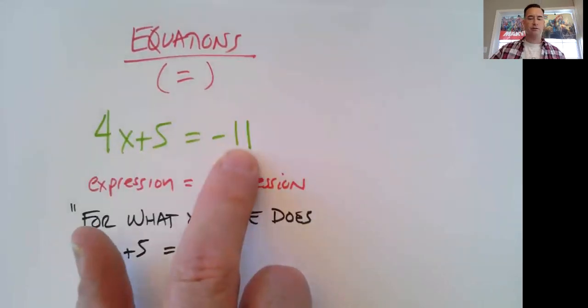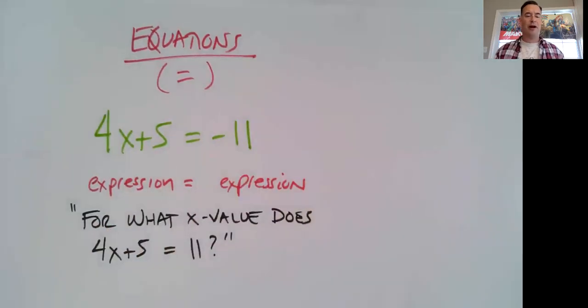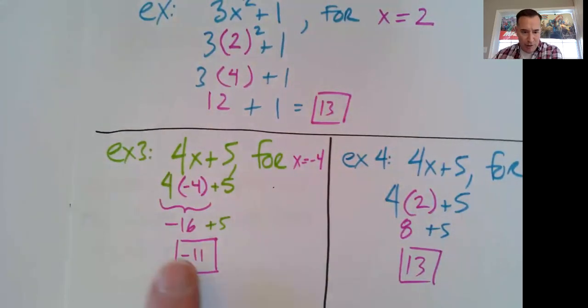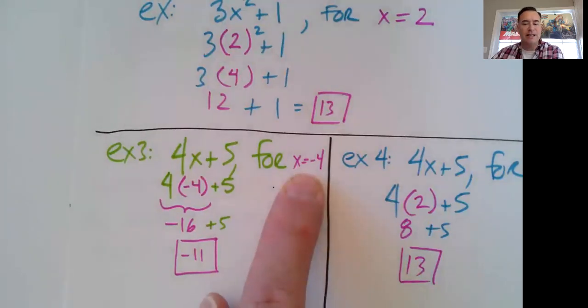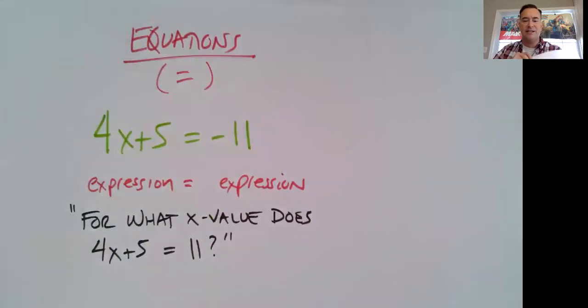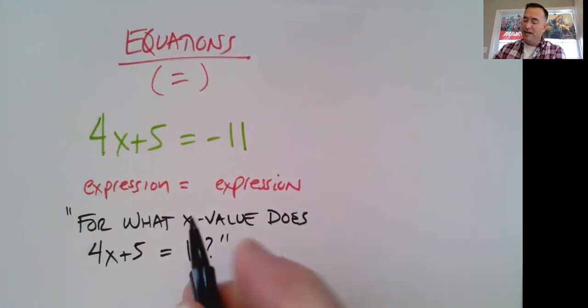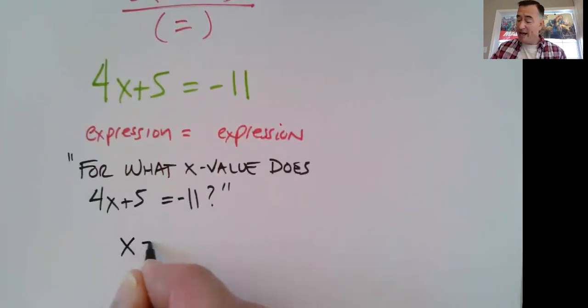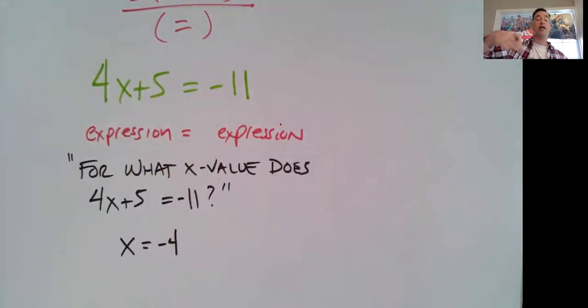We know that answer. We know for what x value 4x plus 5 equals -11, because we did that here. I already know this -11 that I'm trying to get to as the answer is what we got when we plugged in -4. So let's put the negative here so I'm not screwing that up. Since I already know what that's going to be, the answer to this question is that x equals -4. And we know that because we did all that work from before.